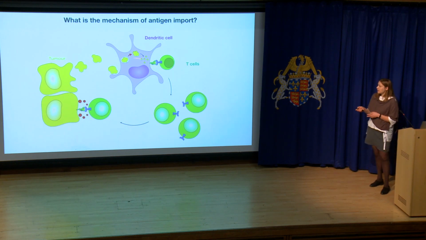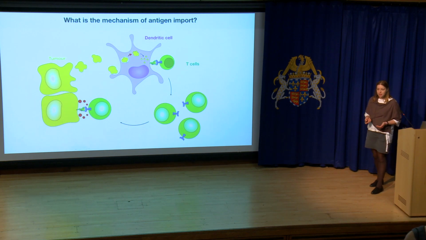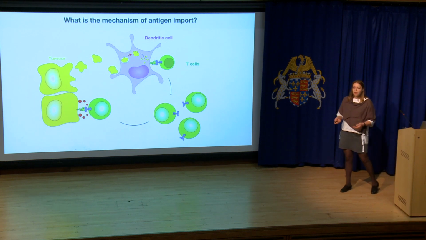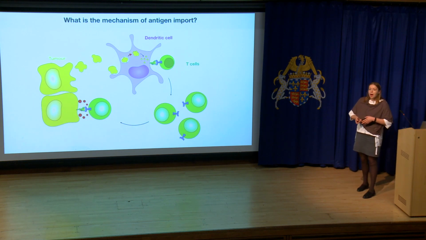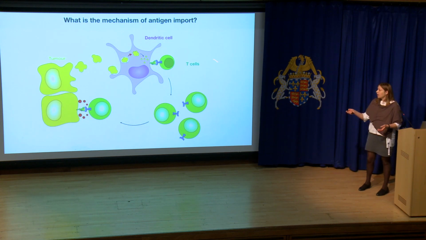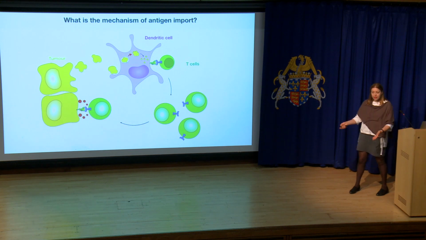It suggested that this step of antigen processing and presentation is indeed quite important for initiation of anti-tumor immune responses. And it suggested that if we artificially facilitate antigen import into the cytosol, we can make T cells proliferate more rapidly.